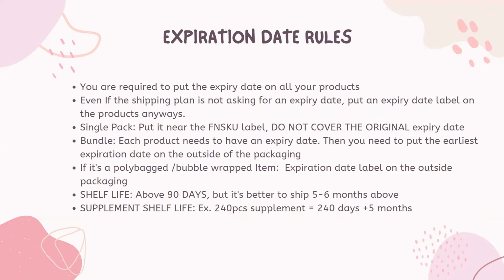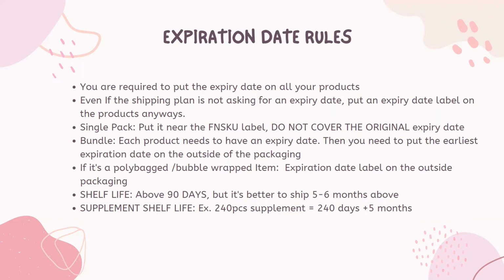For example, one product expires in September, one in November, and one in December. Then the September one needs to be the expiry date outside the packaging. Each product needs to have an expiry date as well.